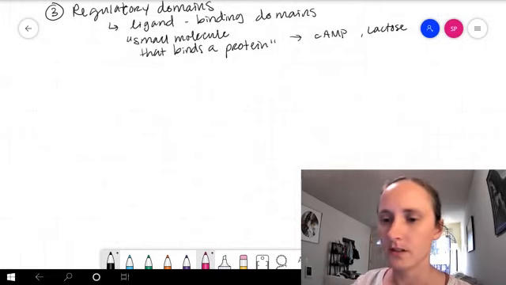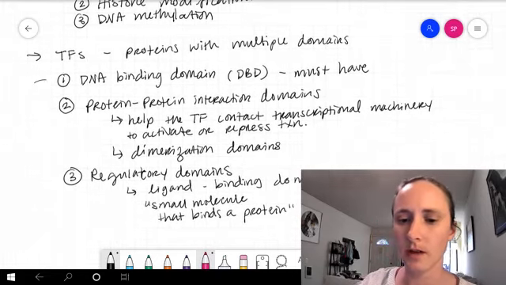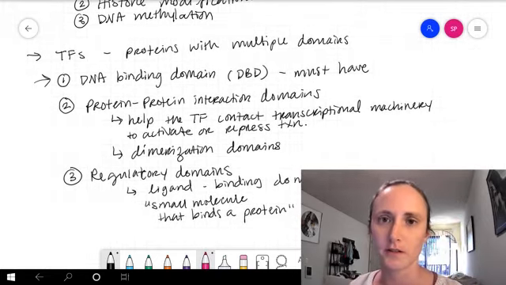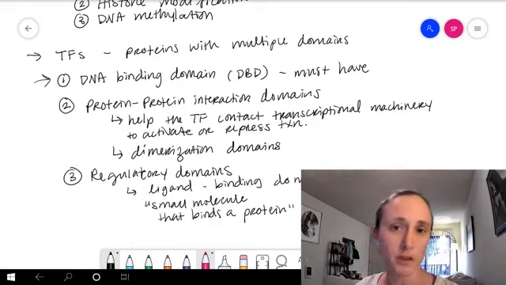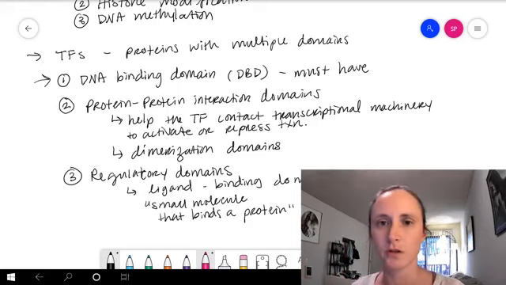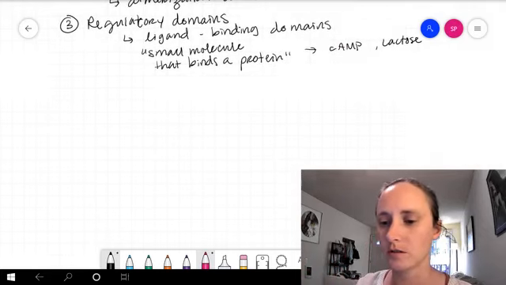All right. So first, since DNA binding domains are so important to transcription factors, I'm going to tell you about 4 common types. There are more than 4, but these are the ones you will see most frequently in transcription factors.